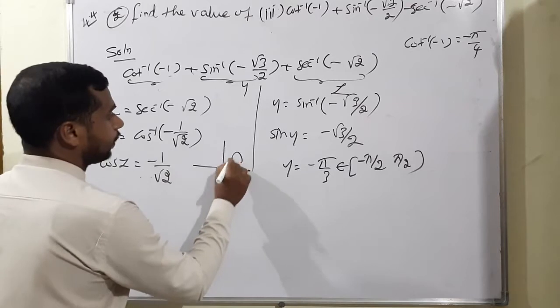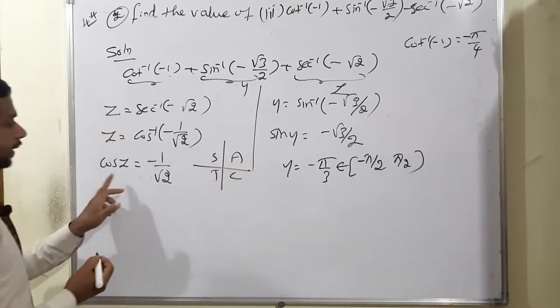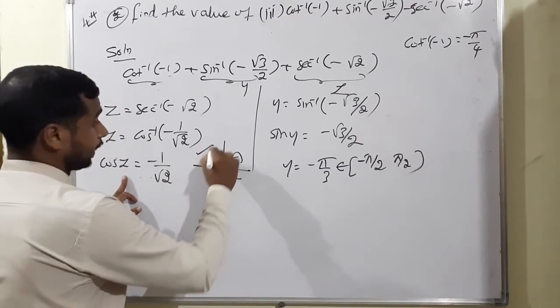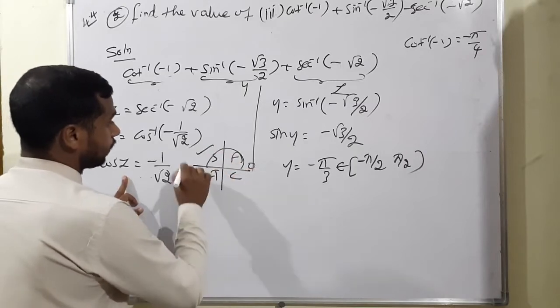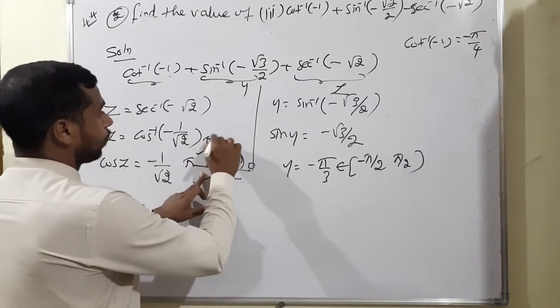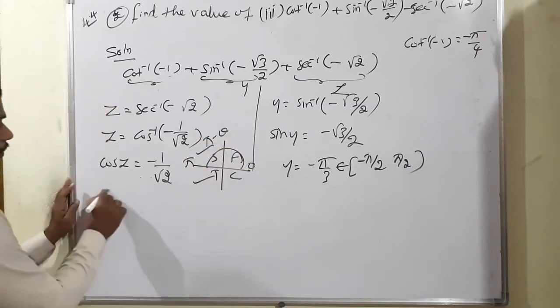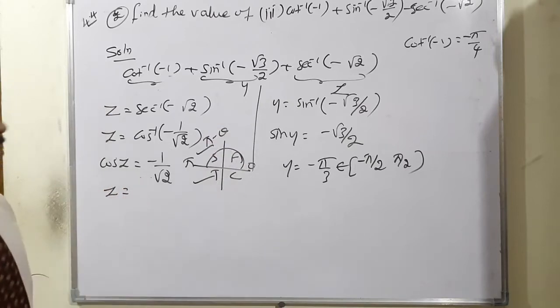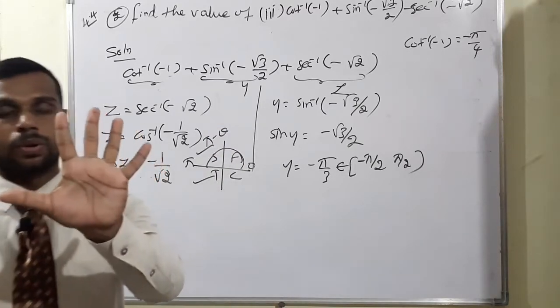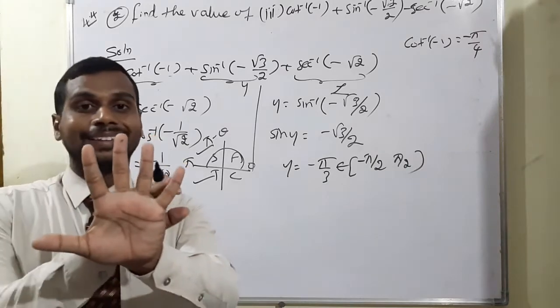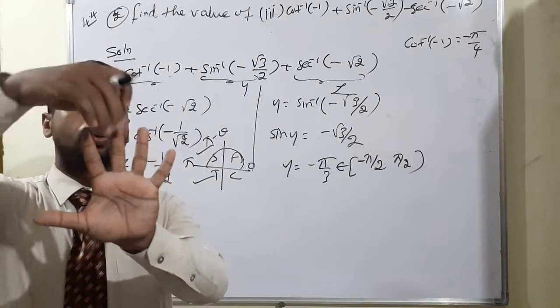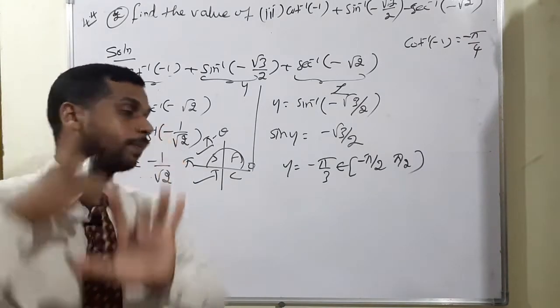According to the unit circle, "All Silver Tea Cup": cos negative means second and third. So on the unit circle, 0 to pi lies in the second quadrant, which means pi minus theta. What is the value of 1 by root 2 in cos? Square root of the number of fingers counted on the little finger side.